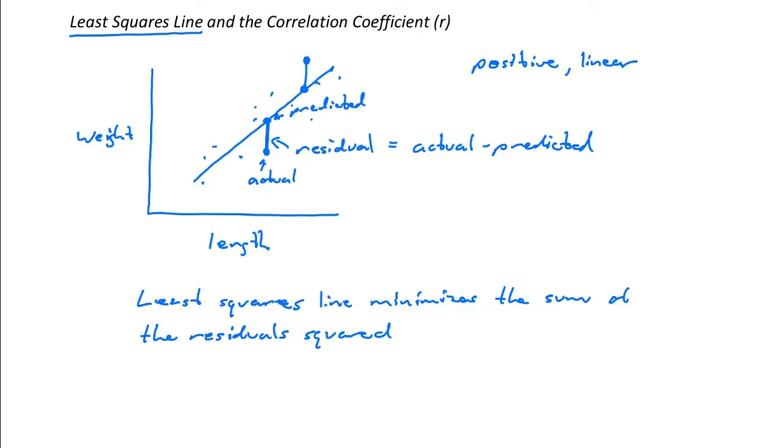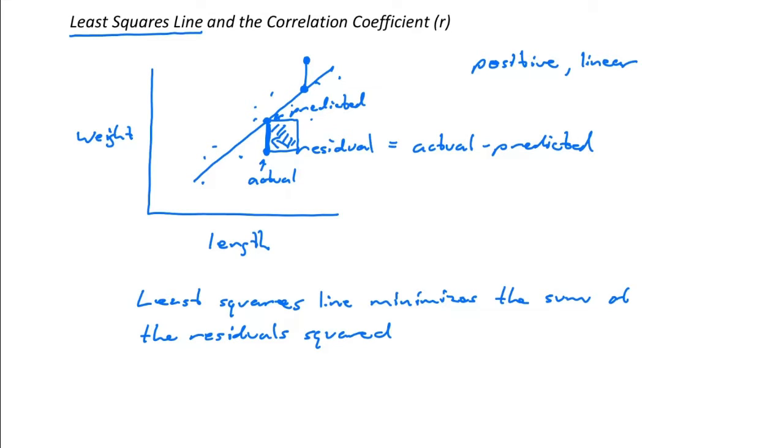What that means is if I take a residual and I square it, I am, visually, geometrically, creating a square. When I take 3 and I square 3, I'm taking 3 times 3, I get 9. Geometrically, what I've done is I've created a 3 by 3 square whose area is 9. So when I square a residual, I can think of it visually in this plot as creating a square that has area.